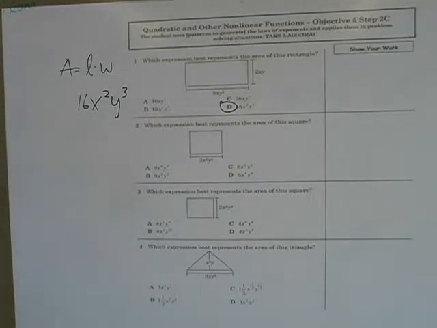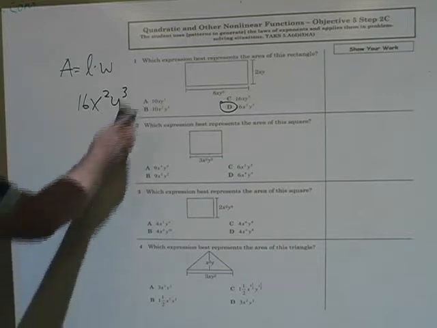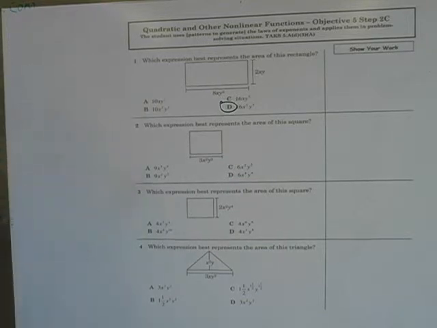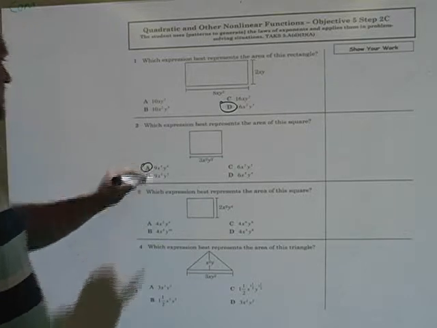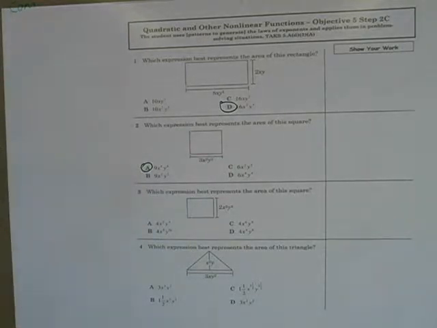Number 2, we have a square, so length and width are the same. x to the fourth, y to the fourth. Number 3.